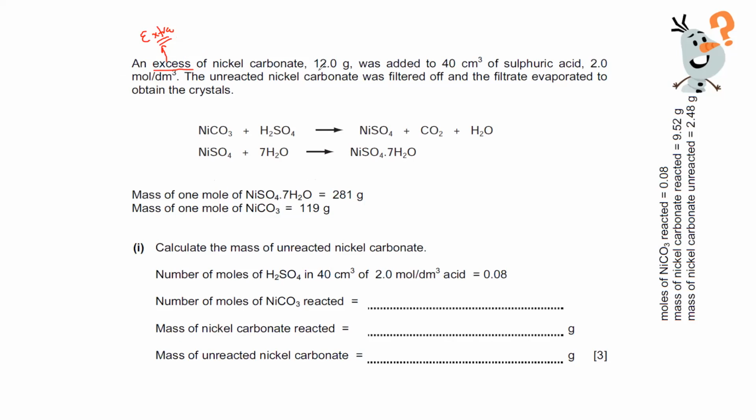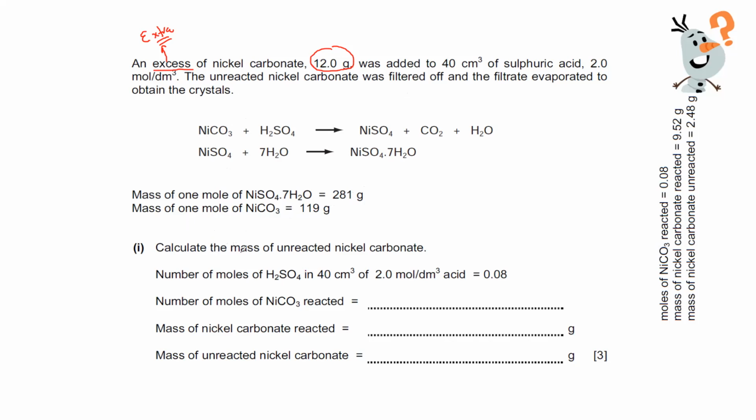So in the question, we have 12 gram of nickel carbonate that reacted with 40 cm cube of 2 mole per dm cube sulfuric acid. The unreacted nickel carbonate was filtered off and the filtrate was evaporated to obtain the crystals. The mass of 1 mole of nickel sulfate and nickel carbonate is given.